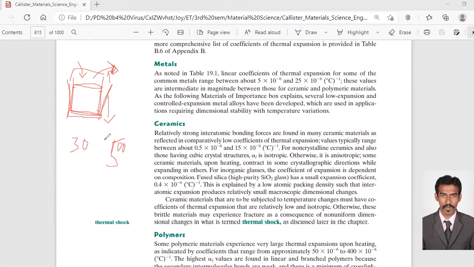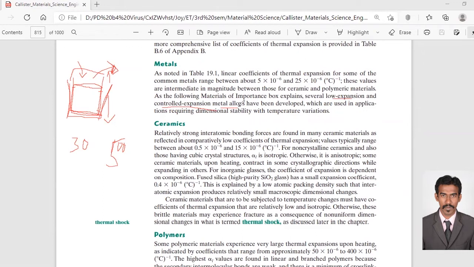All right. So for those particular moments and applications, there are some alloys developed. Right? So that's what this sentence mentions. Materials of importance also explain several low expansion and controlled expansion metal alloys.